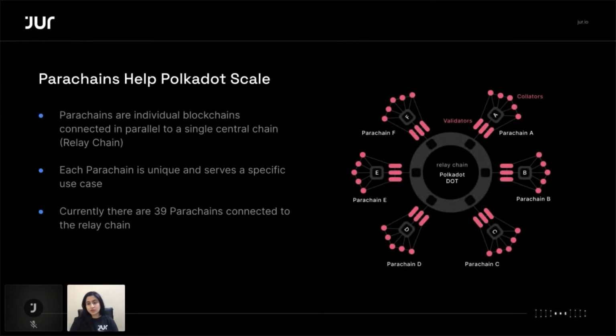So Jure is very new to Polkadot, so it makes sense for us to first start from understanding what Polkadot is. I'll just take a couple of minutes for this, maybe even less than that. Polkadot is a protocol that connects multiple blockchains together, and these blockchains in the Polkadot ecosystem are known as parachains.